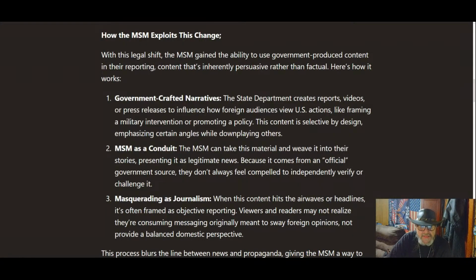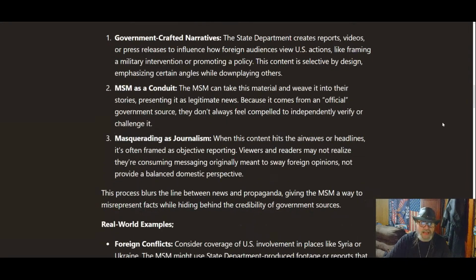Mainstream media as a conduit. The mainstream media can take this material and weave it into their stories, presenting it as legitimate news because it comes from an official government source. They don't always feel compelled to independently verify or challenge it. Masquerading as journalism. When this content hits the airwaves or headlines, it's often framed as objective reporting.